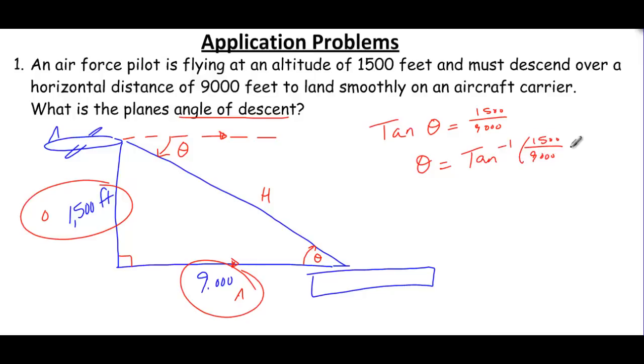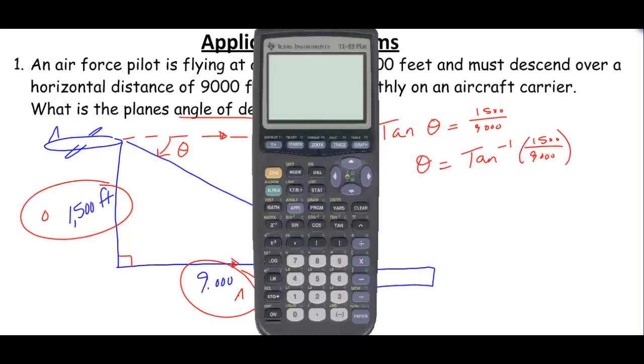Don't worry about reducing any of these numbers. If you have a calculator, might as well let it do all the work. So again, we're still in degrees, so I don't have to worry about that. So turn the calculator on. I'm just going to do second tan of 1500 divided by 9,000. Close my parentheses. Hit enter, and it gives me a value.